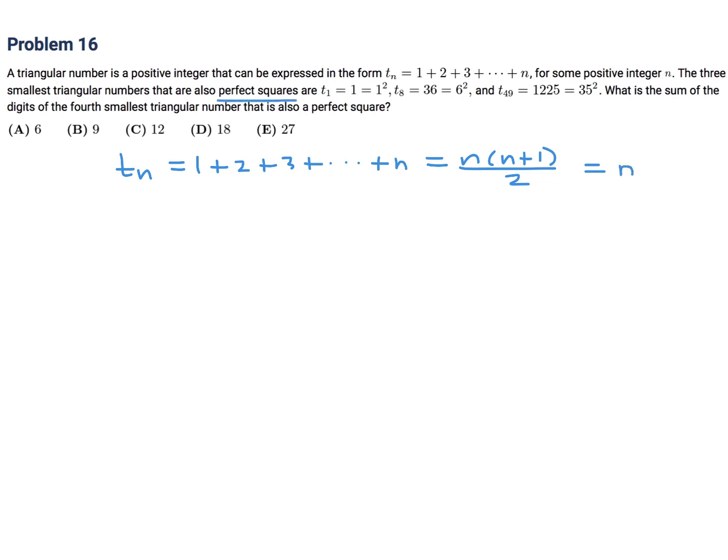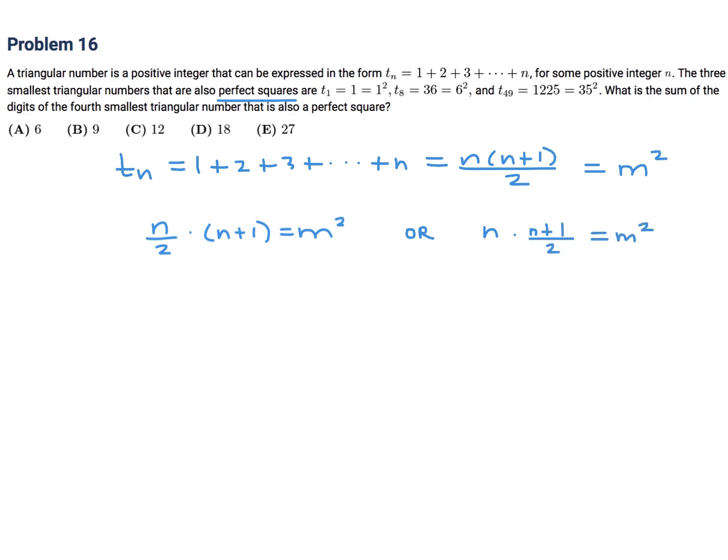So I'll just call it m squared to represent a perfect square. All right, great. So that means one of two things. It means that either you have n over 2 times n plus 1 is m squared, or it means that n times n plus 1 over 2 is equal to m squared.